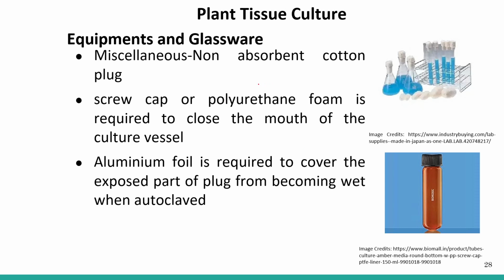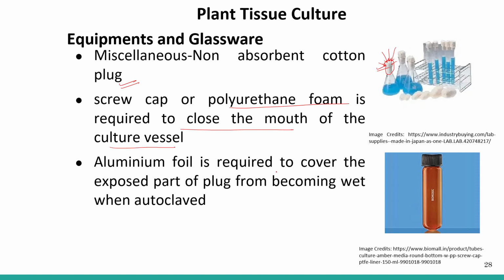Miscellaneous: non-absorbent cotton plug. This cotton plug you can see here. This is very, very important so that no contamination, no air or other microbes can enter inside, right? Screw cap or polyurethane foam is required to close the mouth of the culture vessel.